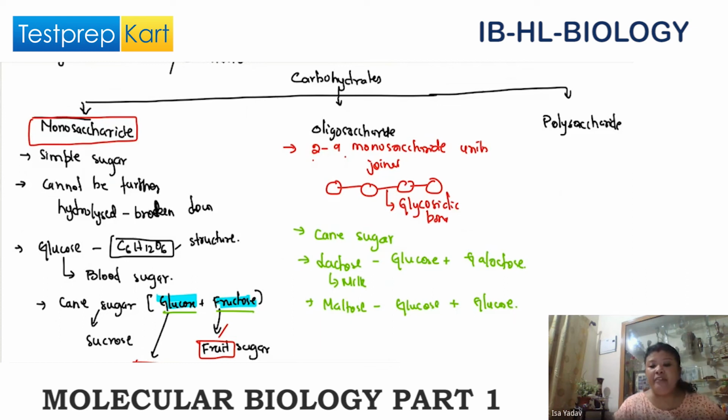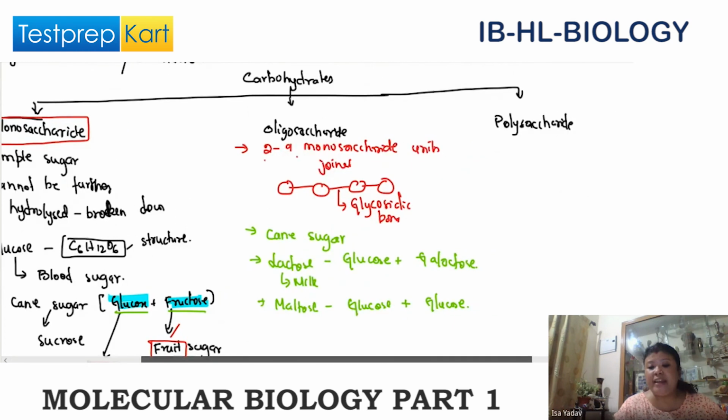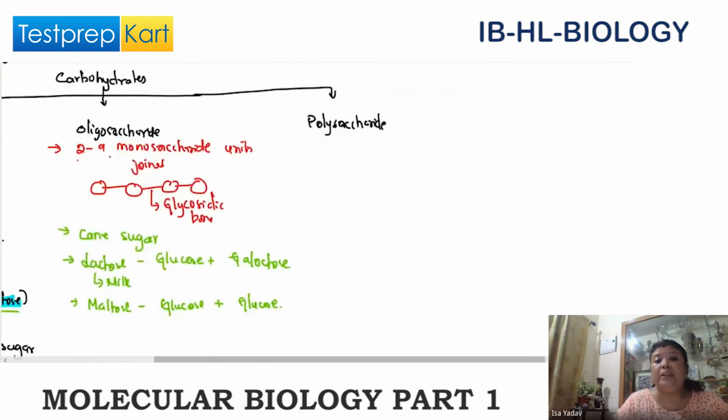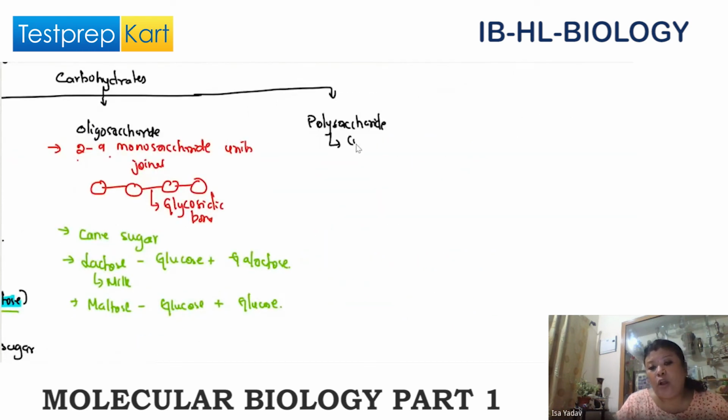And when we come to polysaccharides, they are called complex carbohydrates. They have more than 9 monosaccharides.